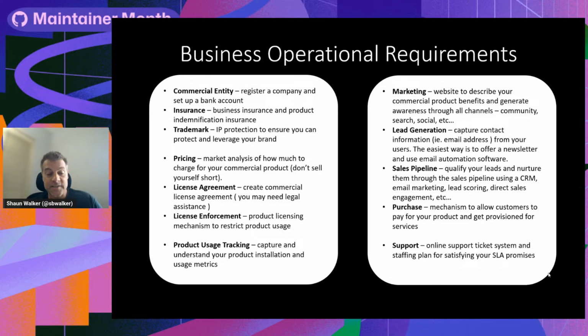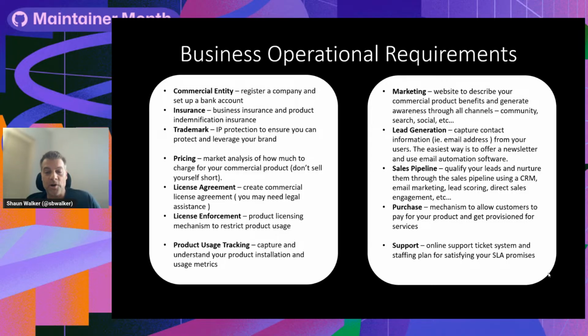You're going to have to come up with a license agreement that exemplifies the type of commercial license you want to provide. You probably want to provide license enforcement in the product too, so that people have to adhere to that license agreement. You may want to track the actual usage of the product more granularly.